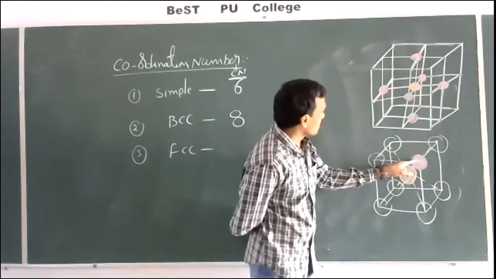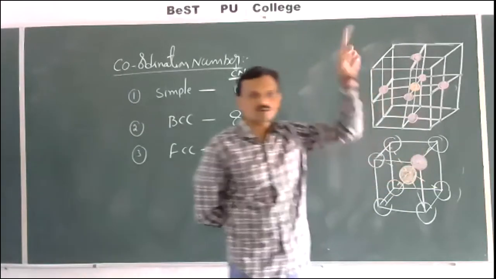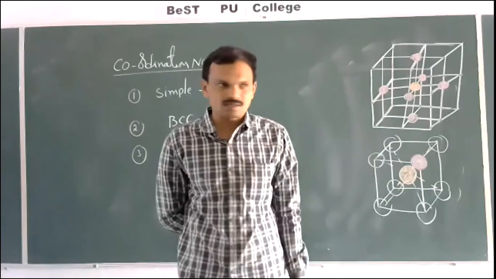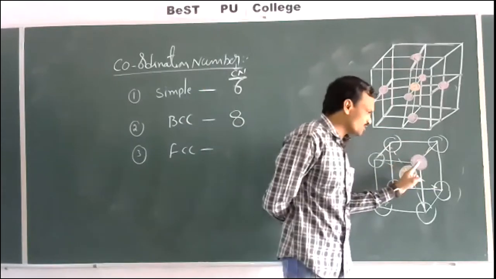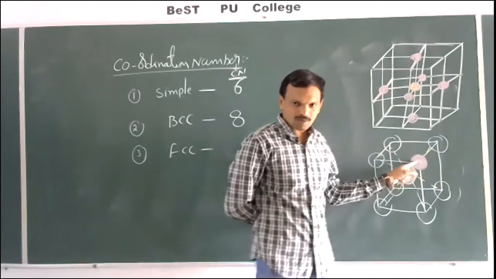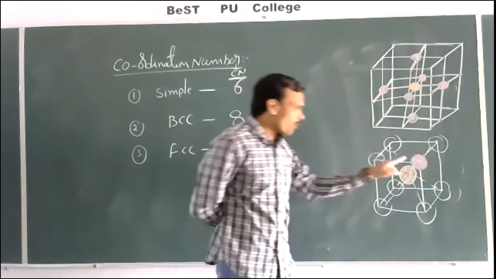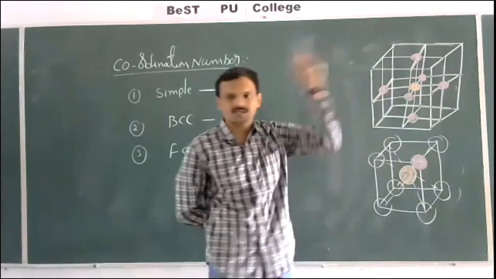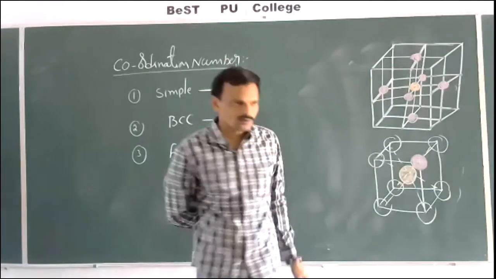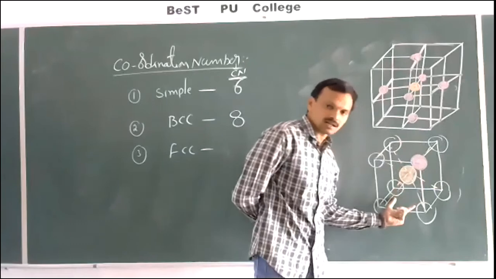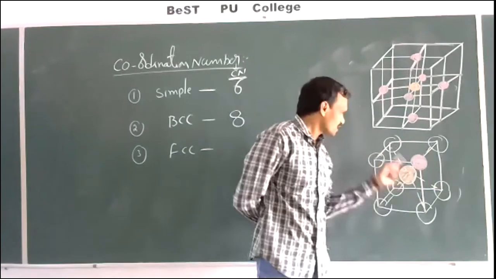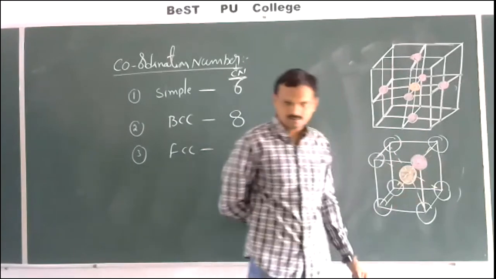Similarly, as you know, the corner particle is shared with how many unit cells? 8 unit cells. A corner particle is shared with 8 unit cells. That means a corner particle is in contact with the body centers of 8 unit cells. Okay. Within the unit cell, the body center particle is in contact with 8 corners.